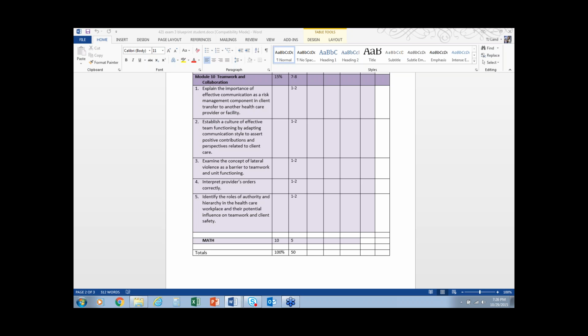The last objective for this exam is that you need to be able to identify the roles of authority and hierarchy in the healthcare workplace and their potential influence on teamwork and client safety. What that means is, what is the chain of command in a hospital, on a particular nursing unit, in a community service facility, in a long-term care facility?